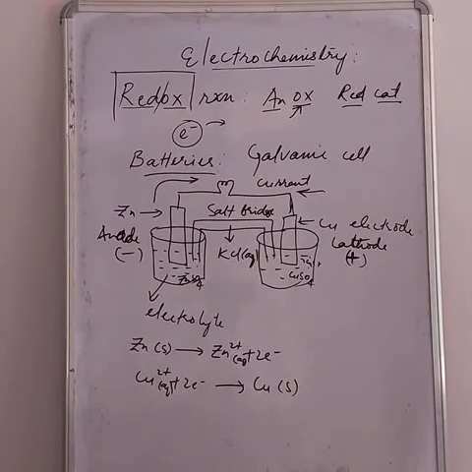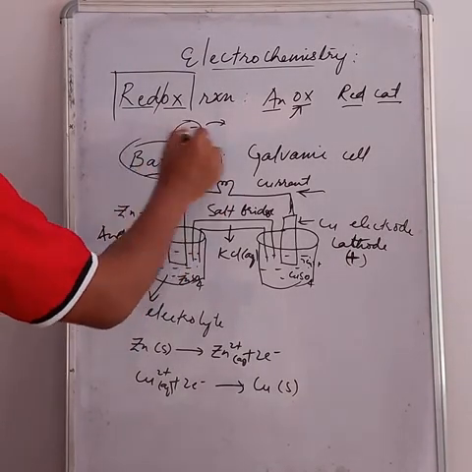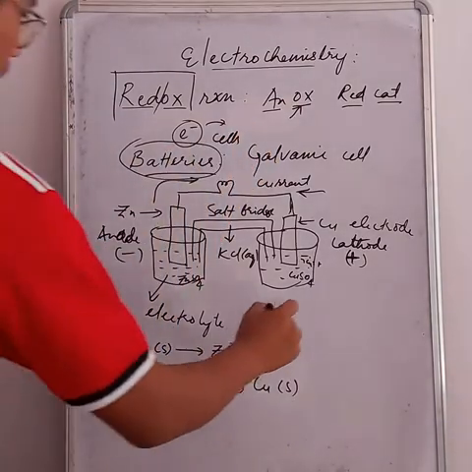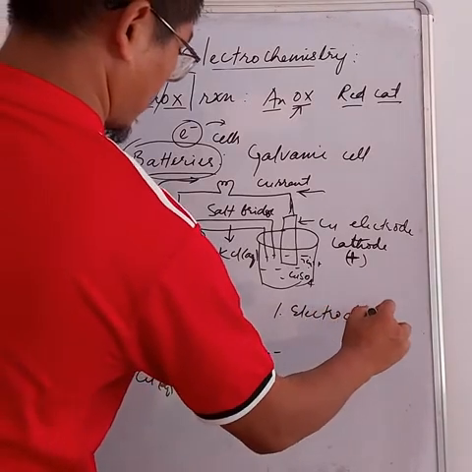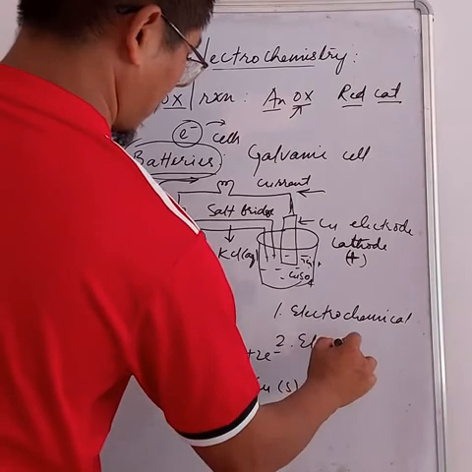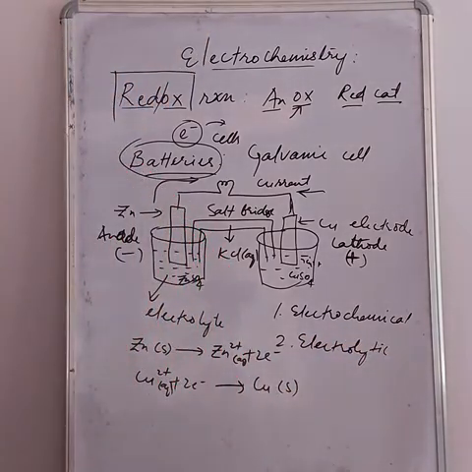And we have two types of batteries or cells, simply called cells. One is electrochemical cells, and the other is electrolytic cells. What is the difference?